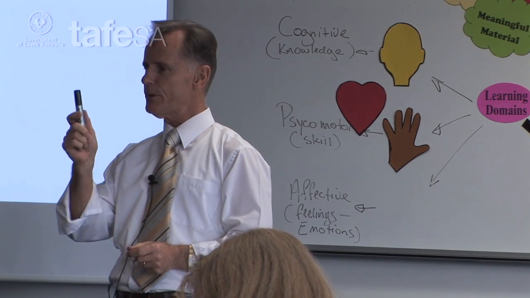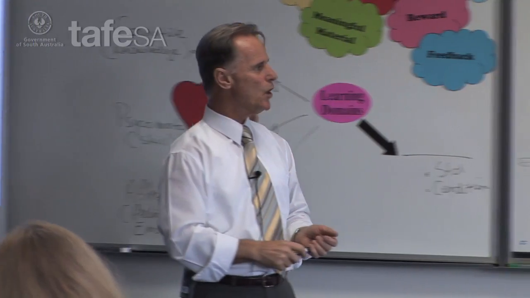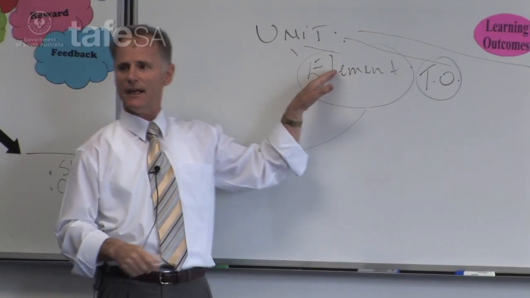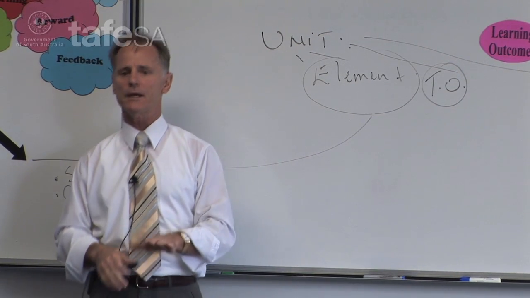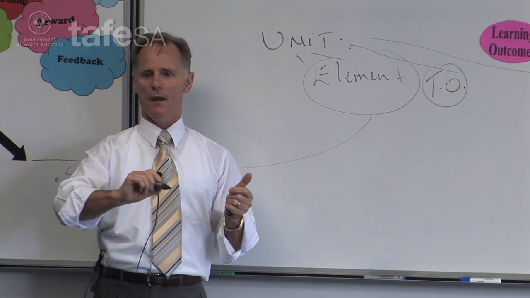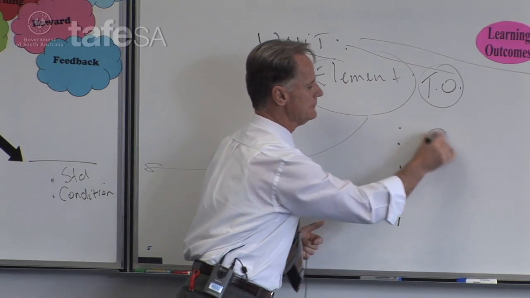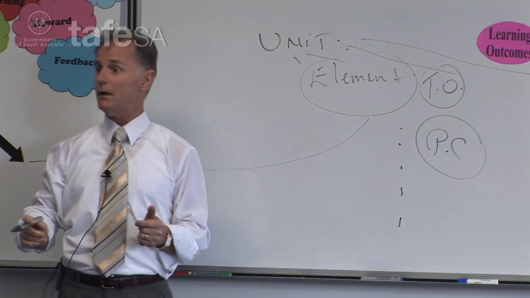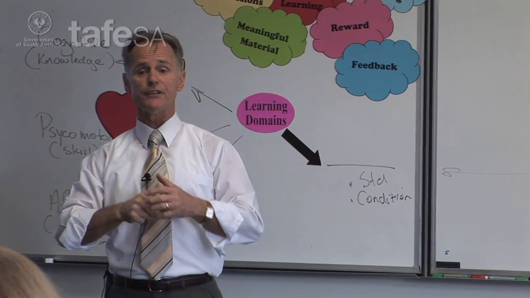Now, when you stop and think about your competency standards or your training package, what did we have with the element that gave us the condition and the standard? What came from the element of competence? Exactly. You had your performance criteria. And the performance criteria was the standard. Do you remember the example? We said you'll have to hand prune vines.